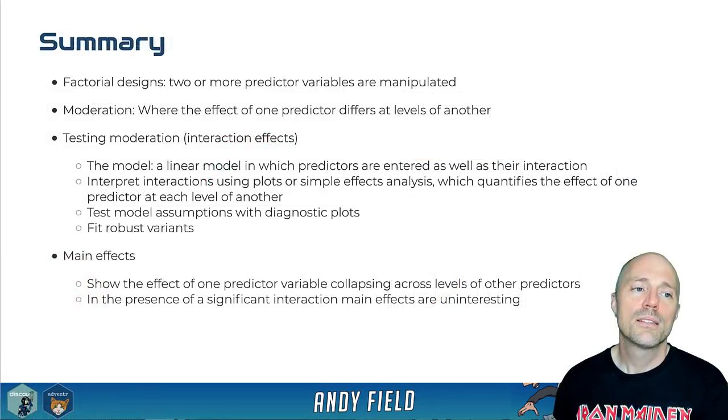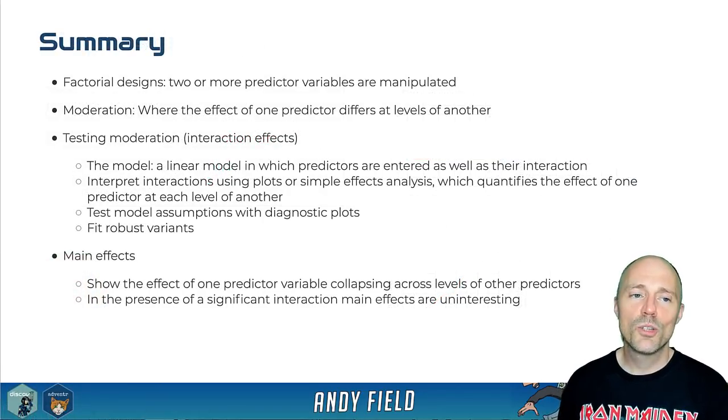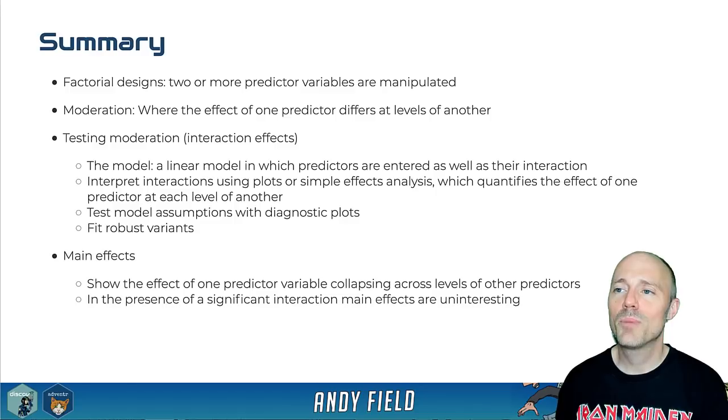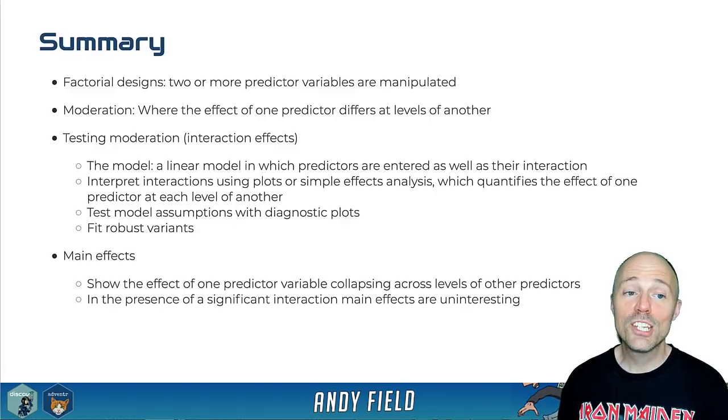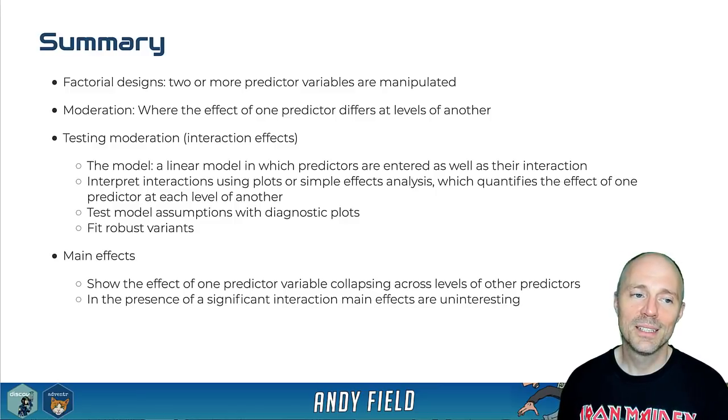So just to summarize, factorial designs are where 2 or more predictor variables are manipulated by the experimenter. Moderation is where the effect of one predictor differs at levels of another predictor. Testing moderation, we do that by looking at interaction effects. So the model is a linear model in which predictors are entered as well as their interaction, their combined effect.